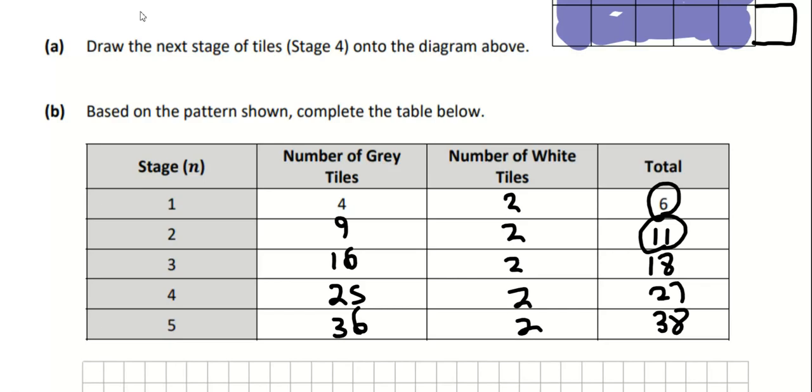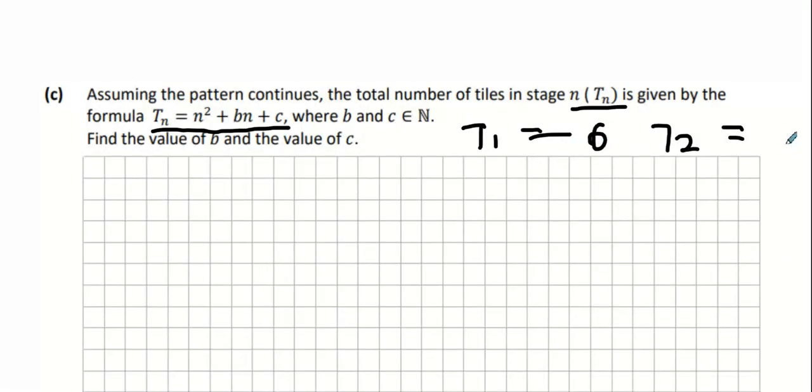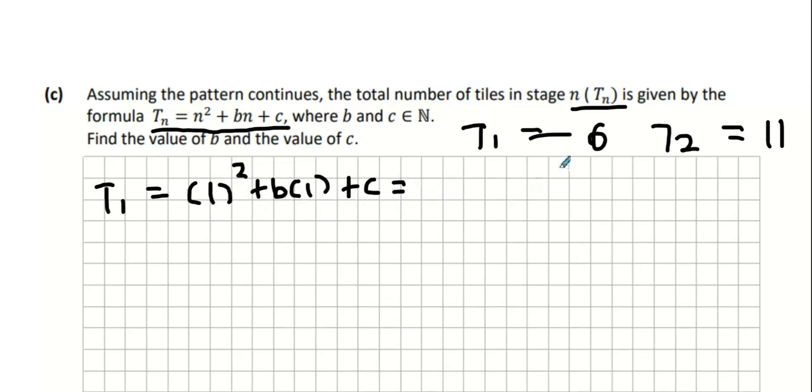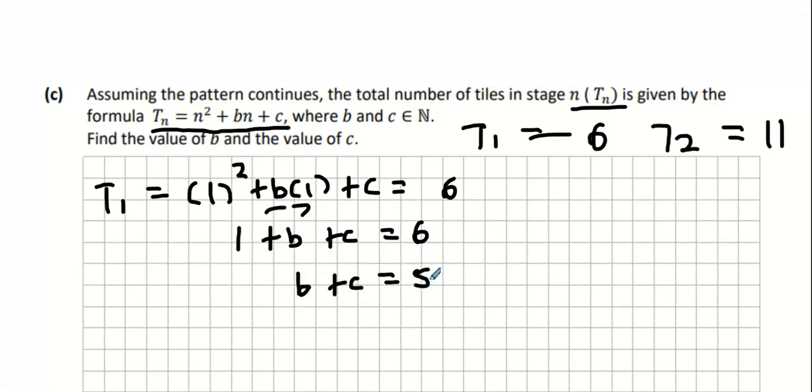So we can replace all the n values with 1, and that's finding T1, which equals 6. So it's going to be 1 plus B plus C equals 6. Move it over to the other side. B plus C equals 5.